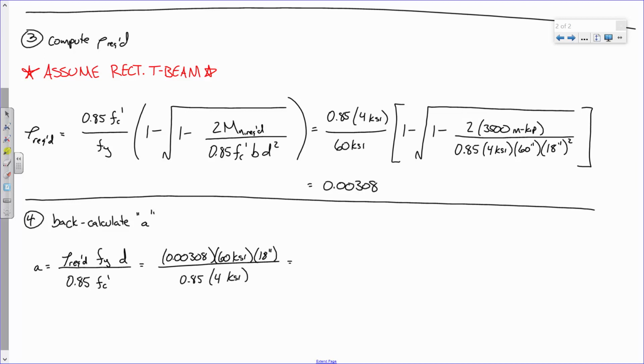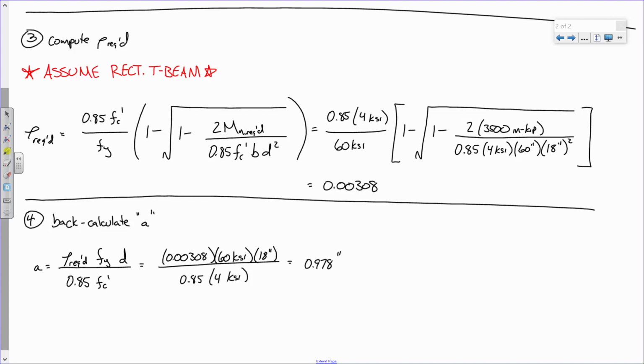So what is that? 0.978. Now, what are the units? Inches.